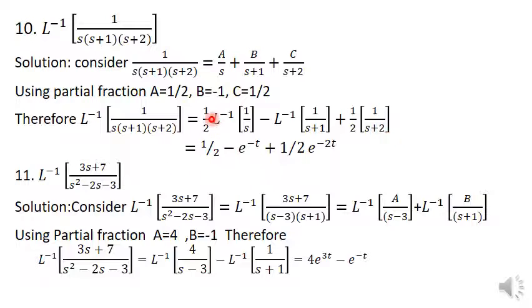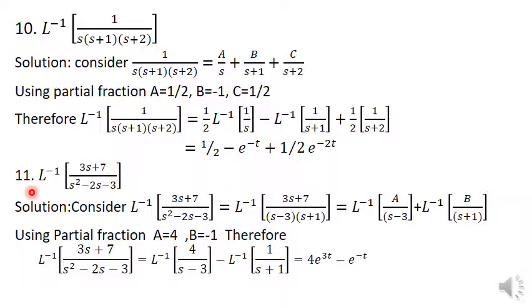Now, half into the inverse Laplace transform of 1 by s is 1 here, minus L inverse of 1 by (s plus 1) is e power minus t, plus half into L inverse of 1 by (s plus 2) equal to e raised to the power of minus 2t.